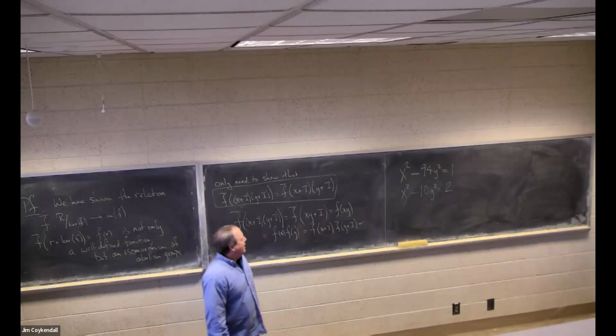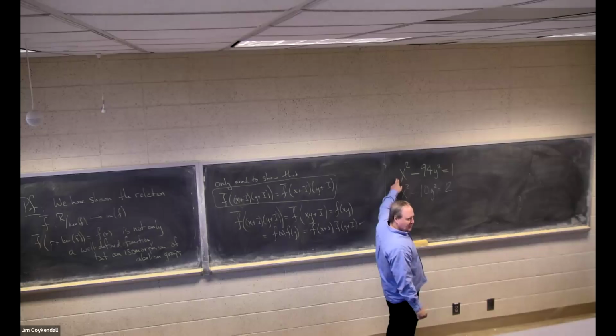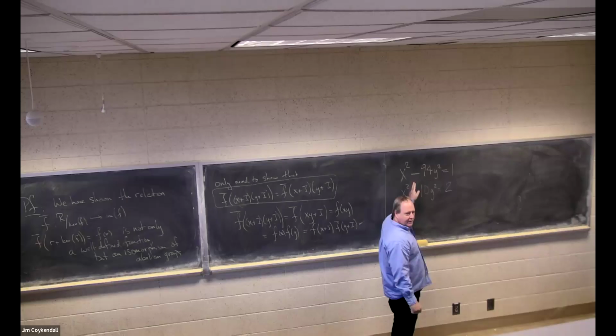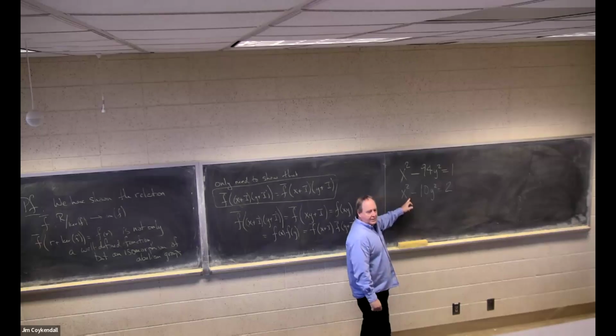Let me point out that this first equation right here has a very simple solution, if you're going to be really lazy: x equals 0, y equals 0. Can you find another solution? Can you find a solution for a non-zero value of x? See if you can do it. How about this one?